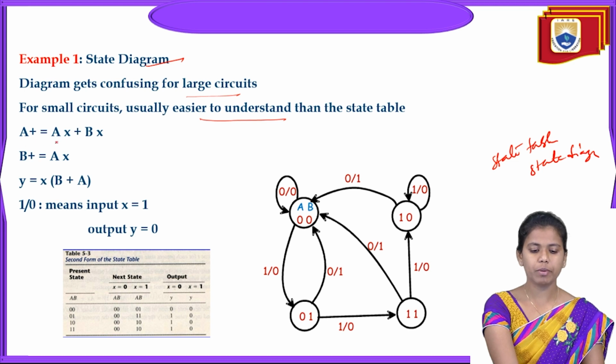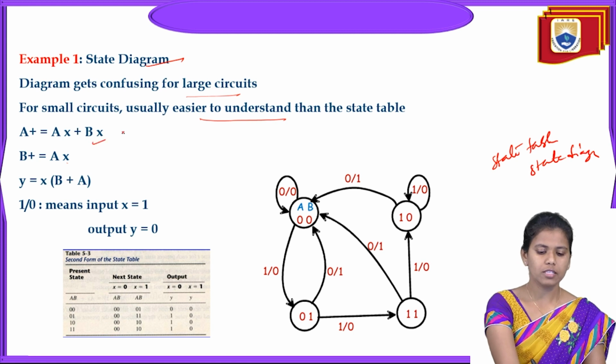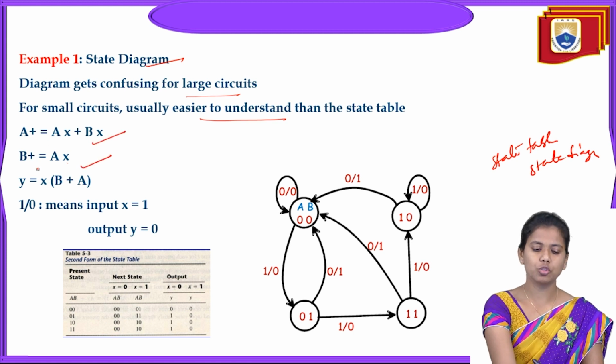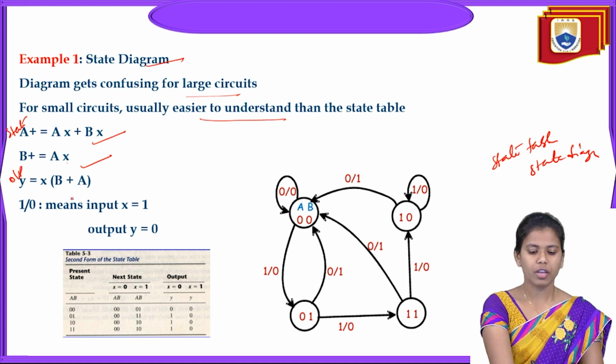A plus is AX plus BX, and B plus is with respect to AX, and the output Y is X times both the states, A plus B.